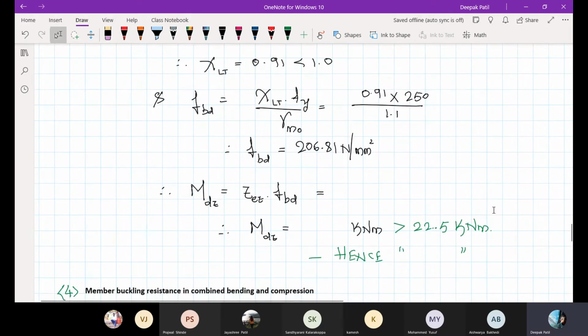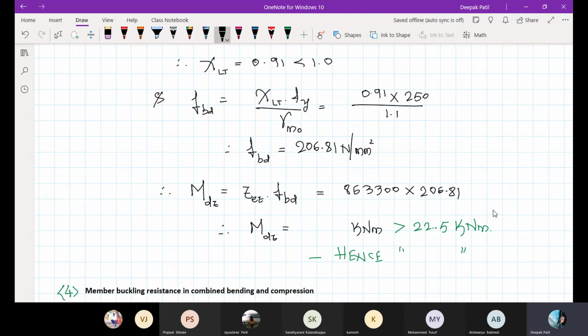Newton per millimeter square. So then you can calculate MdZ, which is ZdZ times FBD. ZdZ is already 863300, multiplied by FBD, which is 206.81.